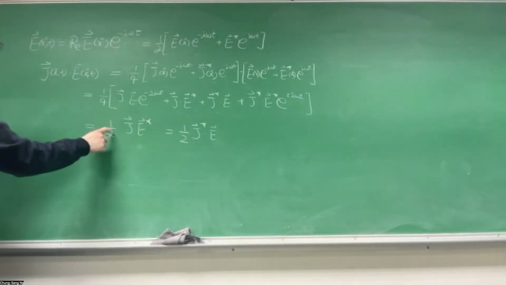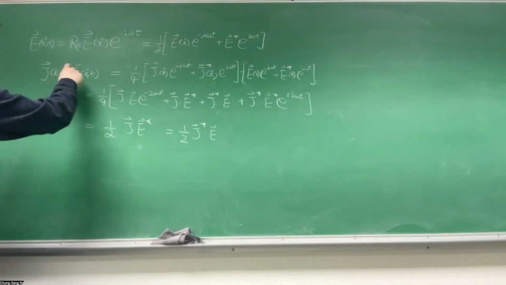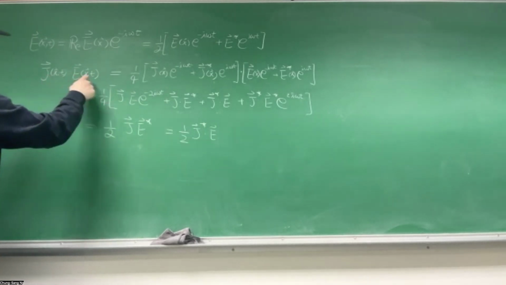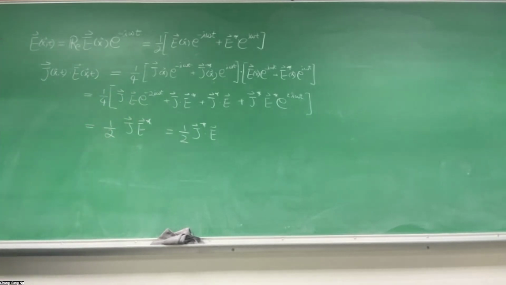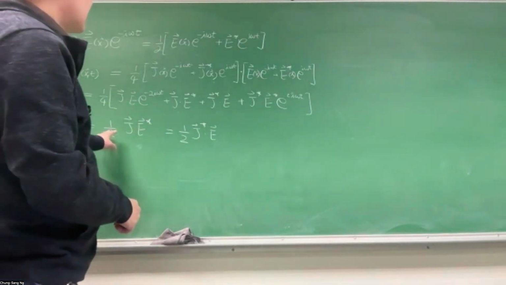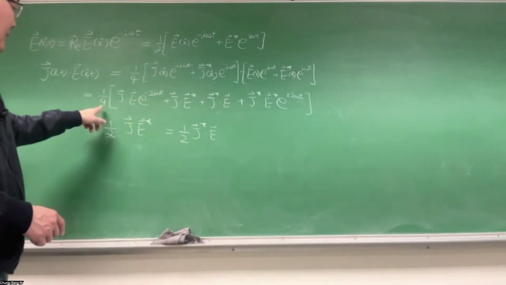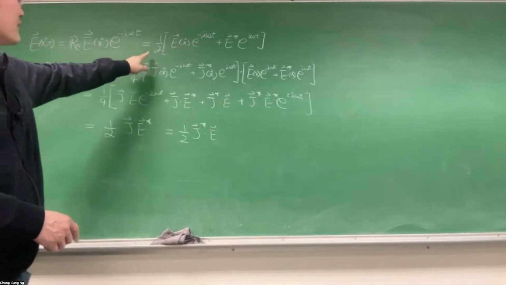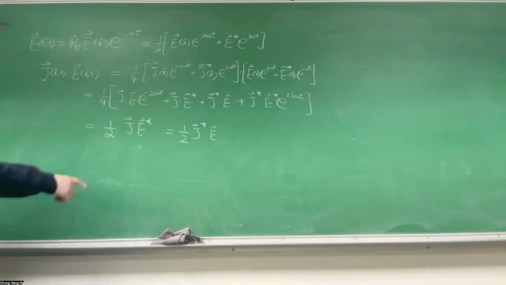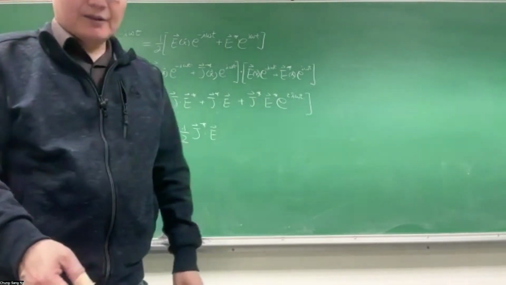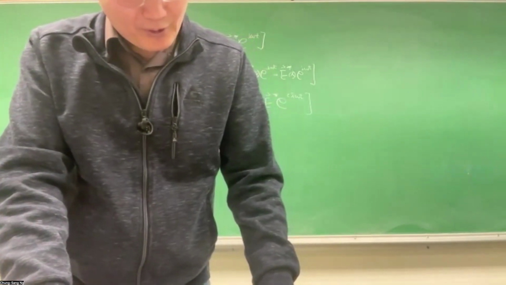But the crucial thing is the factor of 1/2. It's not just that J dot E becomes J dot E complex conjugate. You introduce a 1/2 factor. That's basically coming from the math. You have these two, and then you divide by 4, because each one has a 1/2 factor, right? So that's where the 1/2 factor comes from in the product.